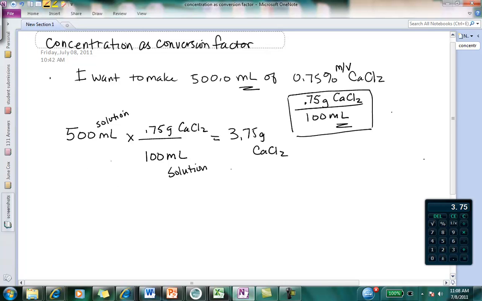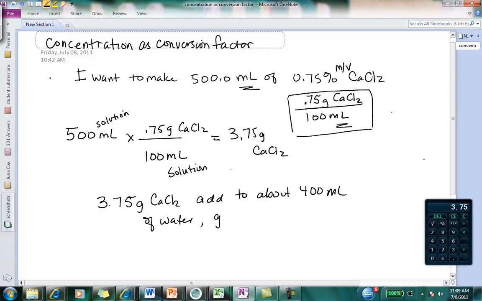Now what I would do with this is I would take 3.75 grams and physically weigh that out, calcium chloride. I would add that to maybe about 400 milliliters of water.